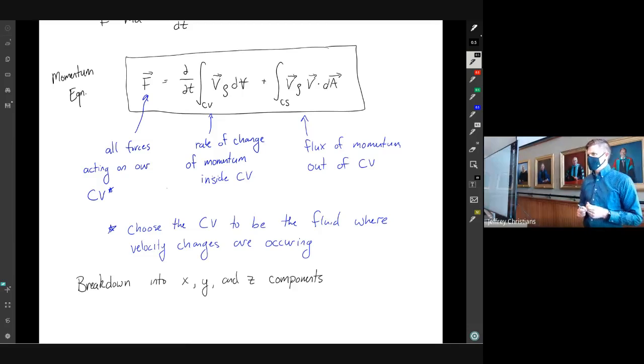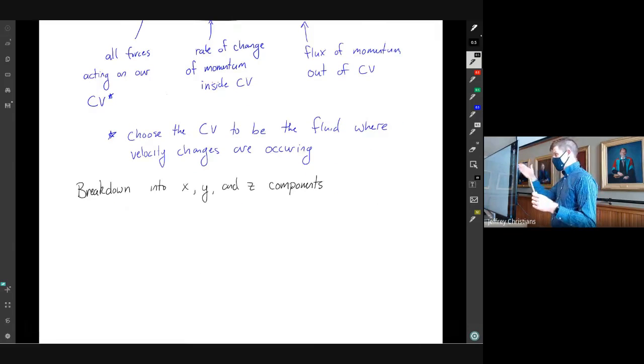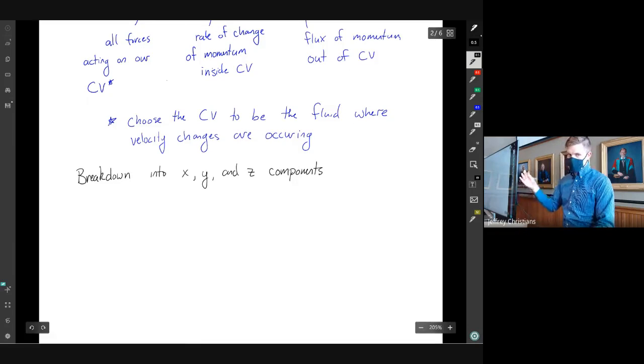That's typically easier to do than trying to handle things in 2 or 3 dimensional vector notation. It's also nice because with a lot of systems, we really only care about a single dimension. I'll write the x, and then analogous would be the y and the z.